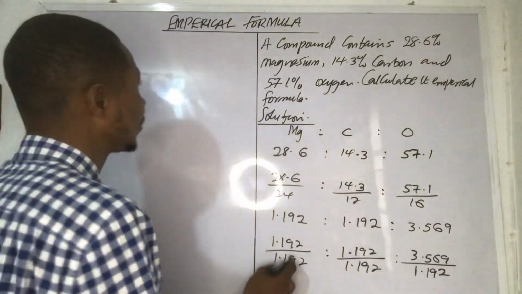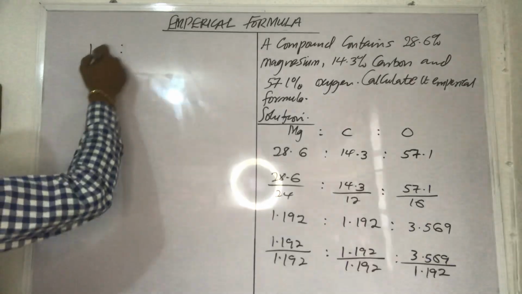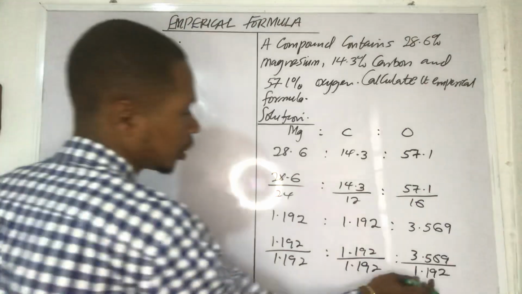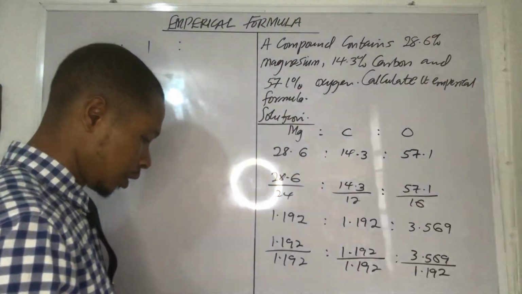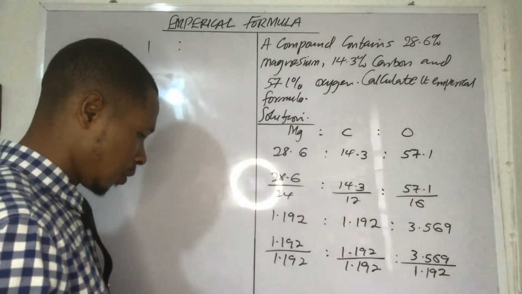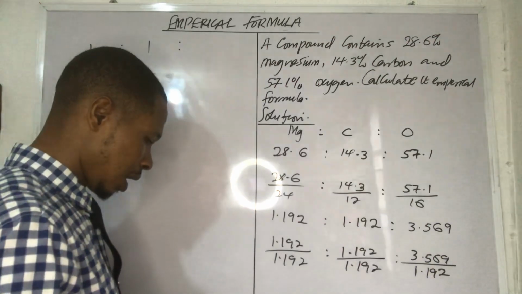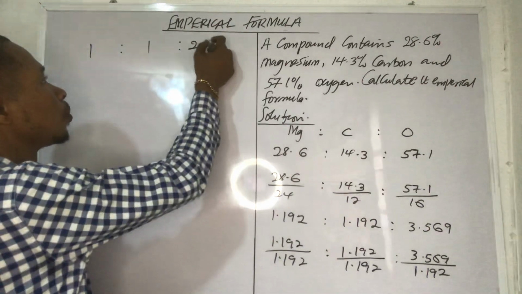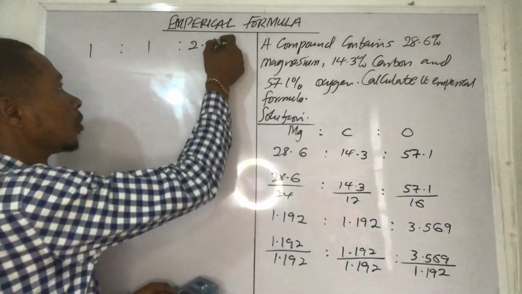If I divide this by this, I will have 1. Then divide this by this, we have 1 also. Then divide this by this, 3.569 divided by 1.192 will give me 2.994.